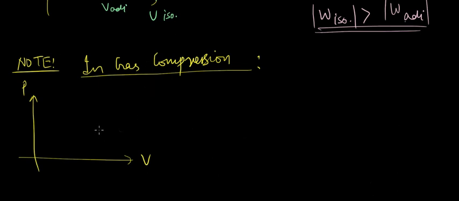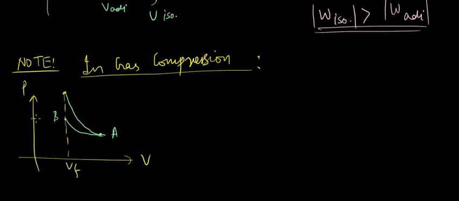Okay, and in gas compression it goes from point A to let's say point B, and in both isothermal and adiabatic process final volume is, let's say, same, which is V final.